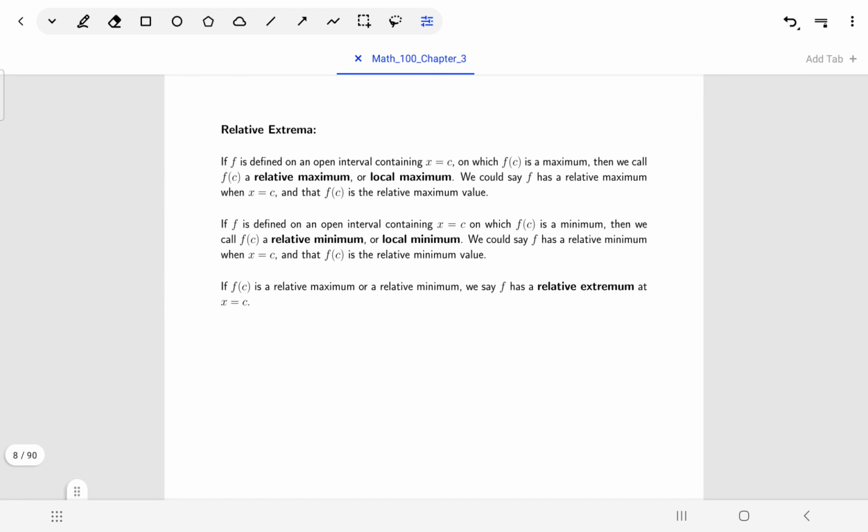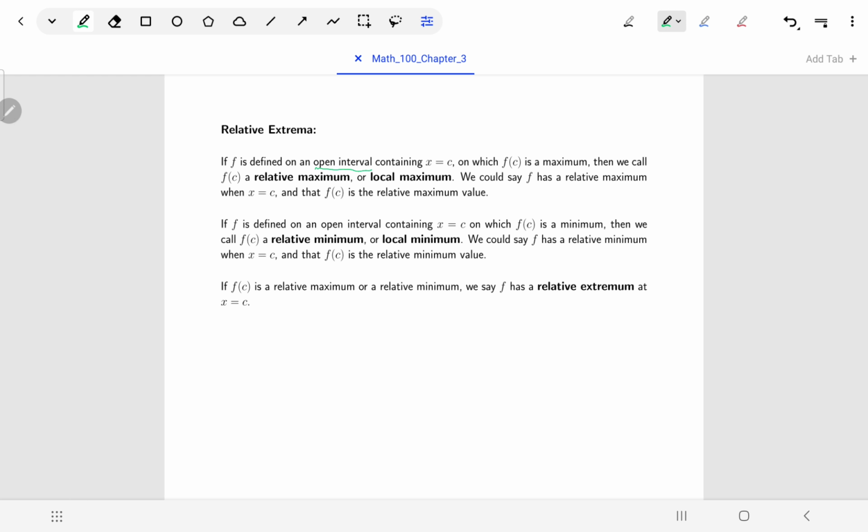Now, there is another kind of extremum to talk about, and that's relative extrema. So absolute extrema were extreme values that were larger than all the y values in the interval. But for relative extrema, we're first off talking about our function being defined not just on any old interval, but rather on an open interval containing c.